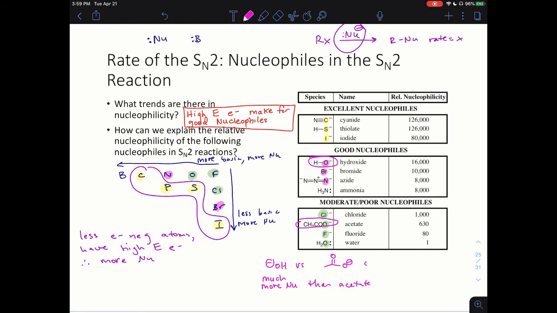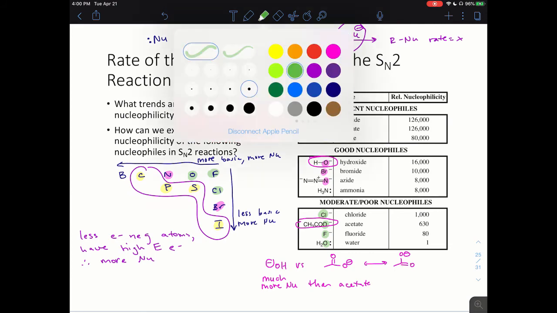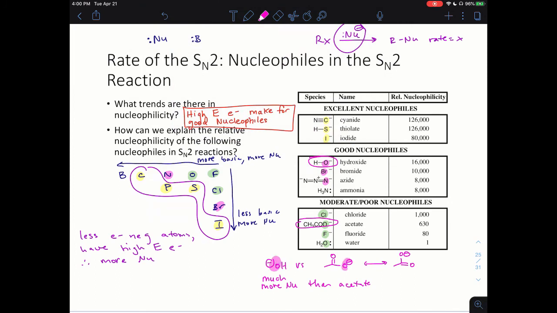So why is that? Well, remember, the higher energy the electrons, the more reactive. On acetate, we can draw a resonance structure, right? So even though we're comparing O minus to O minus, these electrons on acetate are more stable. And because the electrons are delocalized, it's less nucleophilic.